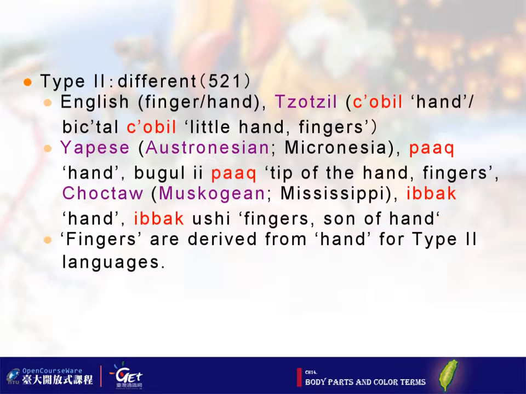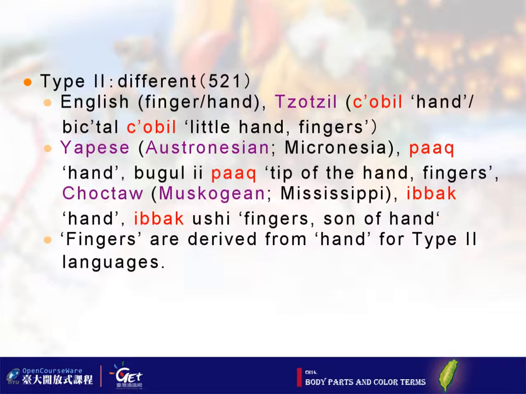Interestingly, I mark the base form in red, showing that although they are different, actually one is derived from the other. That is, there's a basic vocabulary for hand, and then finger becomes a little hand. They use the base form hand with a modifier, little, just like Chinese shou and shouzhi.